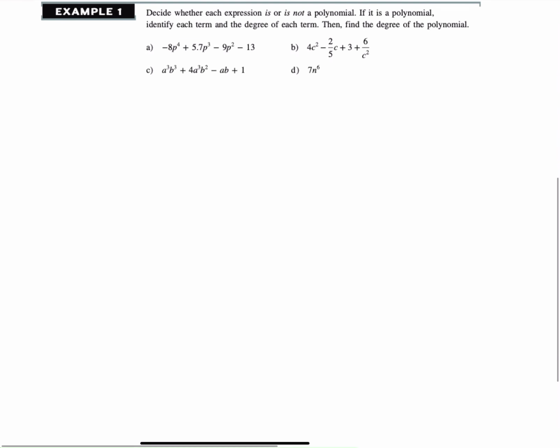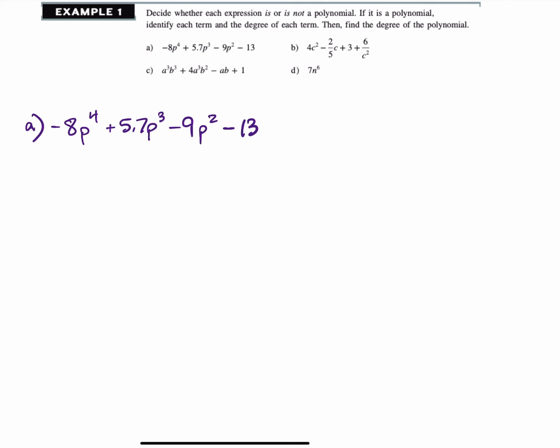So our first example just has us determine whether or not an expression is or is not a polynomial, and then to find the degree of the polynomial. In example A, we have negative 8p to the fourth power plus 5.7 times p cubed minus 9p squared minus 13.